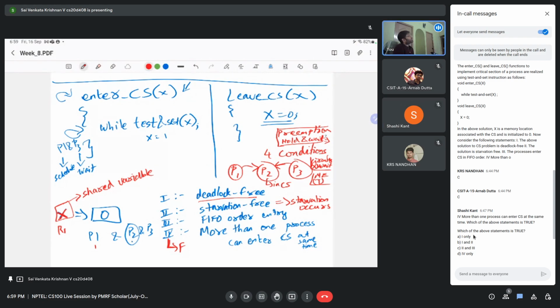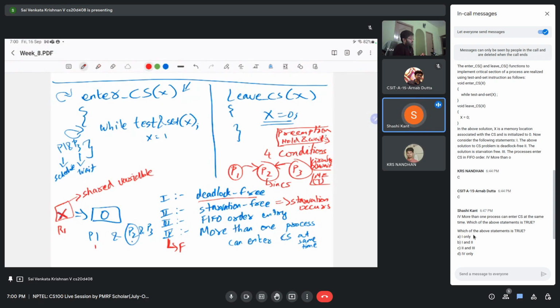No, that is a different scenario, right? If the logic of P2 is so long, then there is no other way. If you consider this particular question, and a process got stuck in the critical section forever, can another process enter the critical section?